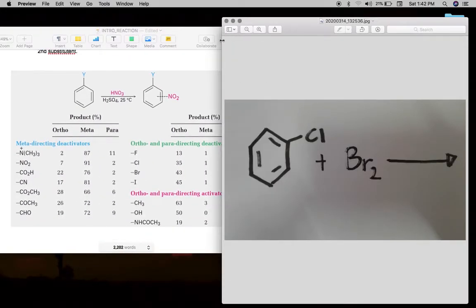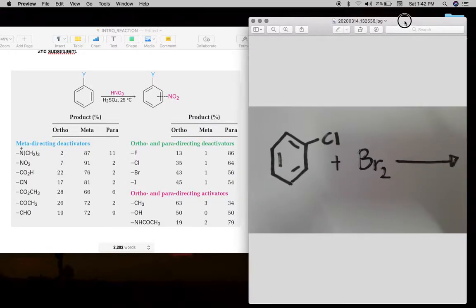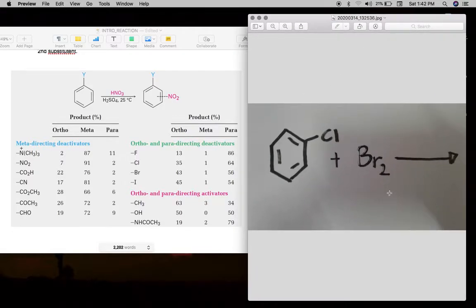Okay. Check natin. So, let's say, ito yung reaction natin. Ang benzene, ang initial substituent na ating benzene is the chlorine. So, i-check nyo ngayon kung saan belong si chlorine.